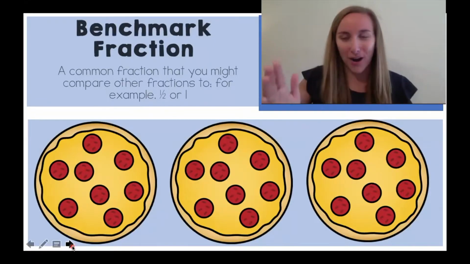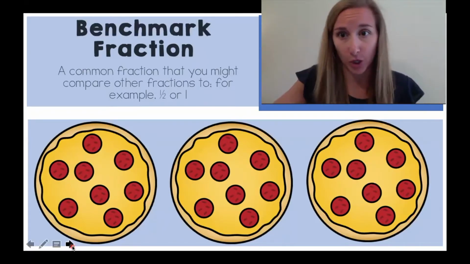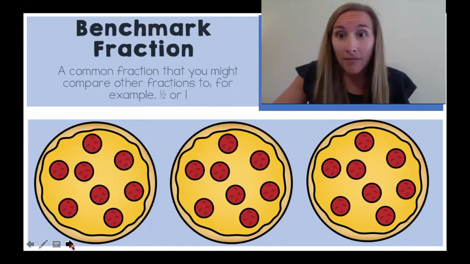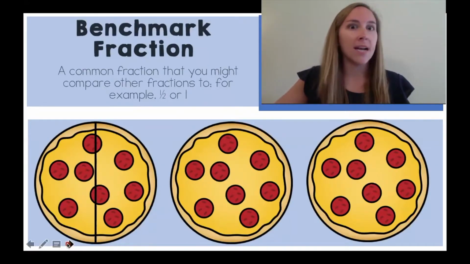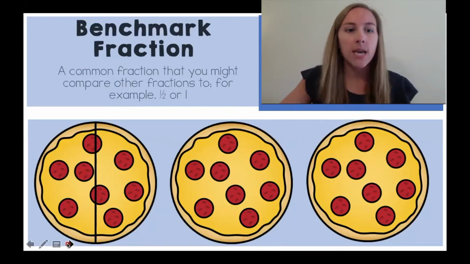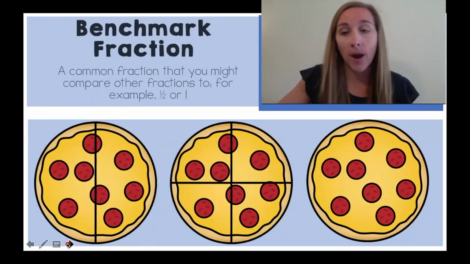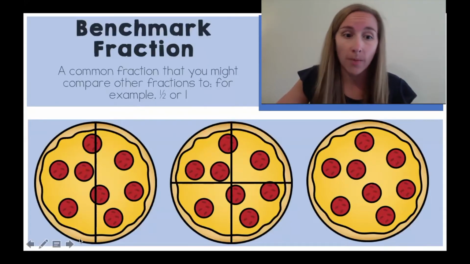So benchmark fractions are ones that our minds are really familiar with, really easy for us to picture in our minds. 1/2 is definitely a benchmark fraction. When I say, could you split this model in half? Easy peasy, right? We also could think about 1/4. 1/4 is also pretty easy for us to picture in our mind, whatever whole we're talking about.